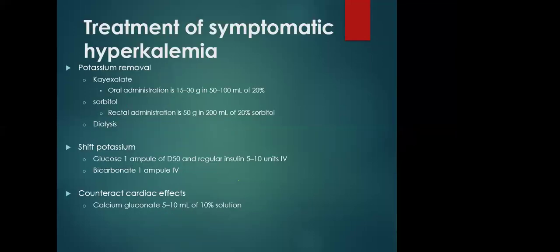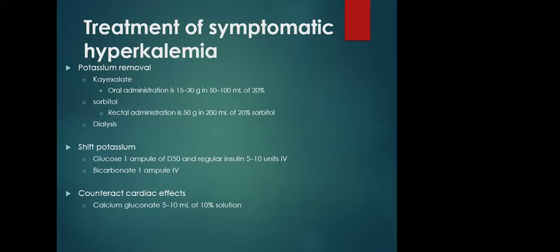So how are we going to treat symptomatic hyperkalemia? You can start with Kayexalate. Kayexalate is administered orally, like 15 to 30 gram in 50 to 100 mils of 20% sorbitol. Then we also have sorbitol by rectal administration, 50 gram in 200 mils of 20% sorbitol.